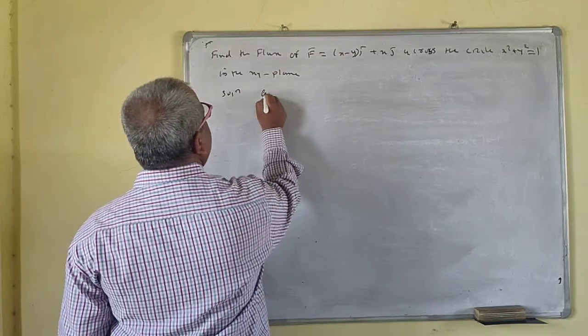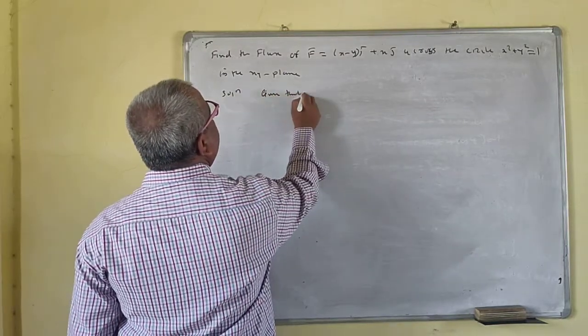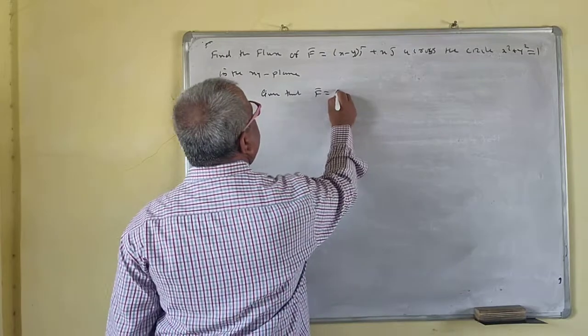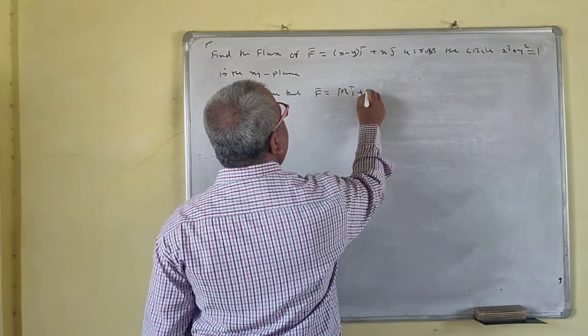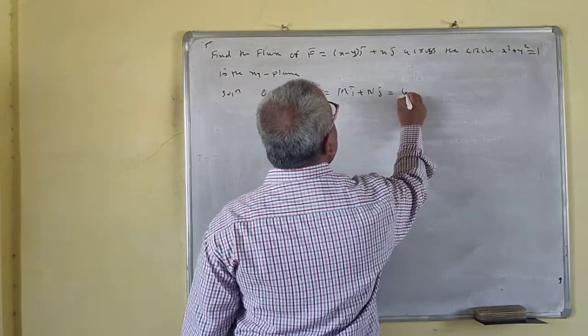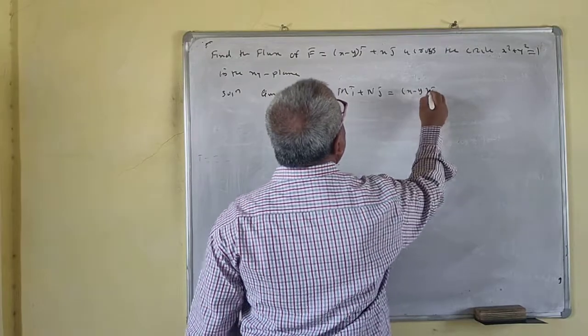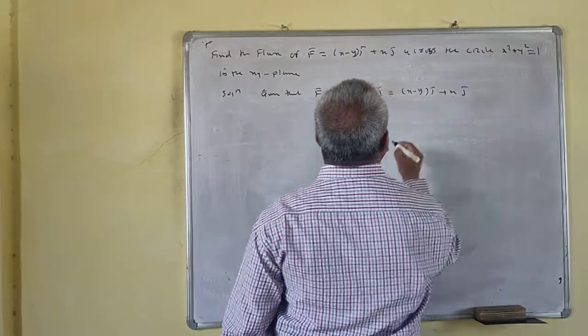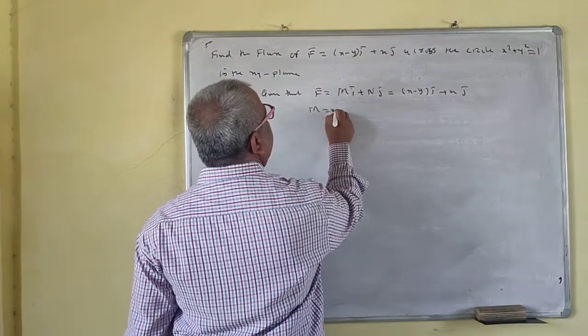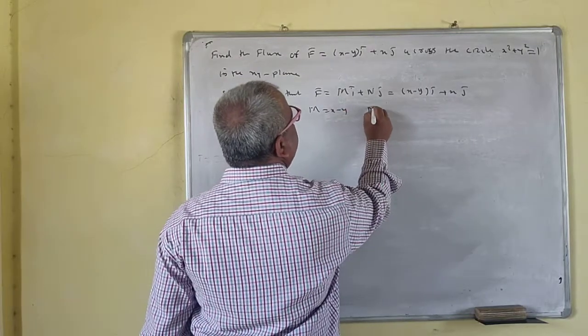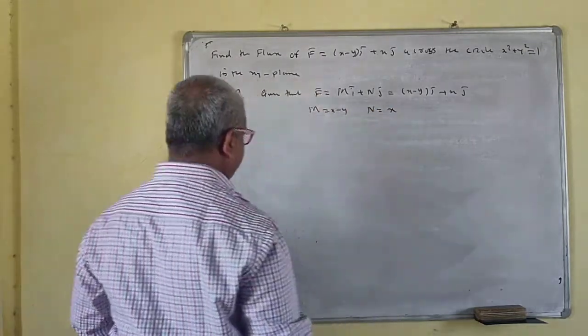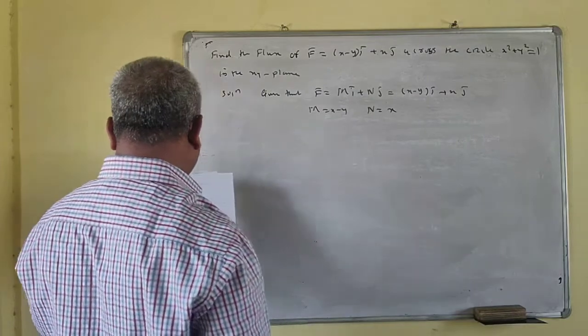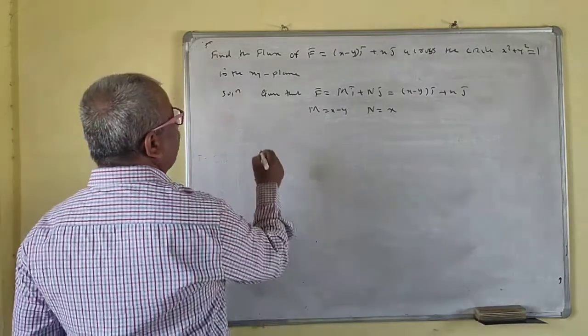Given that F bar is equal to m i bar plus n j bar, which is x minus y i bar plus x j bar. So your m is x minus y, and your n is x. Now r bar of t is what?